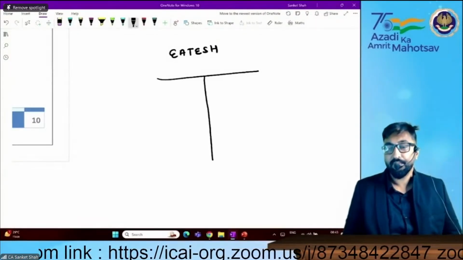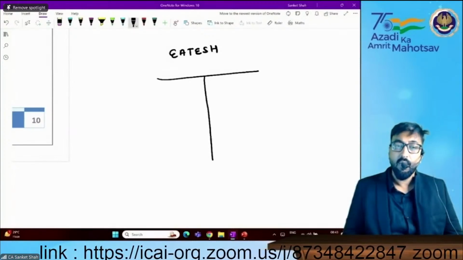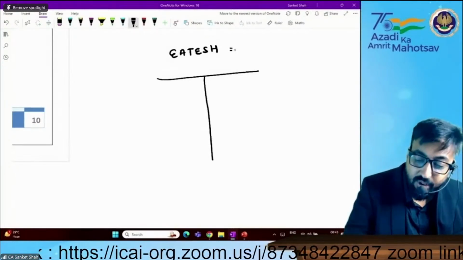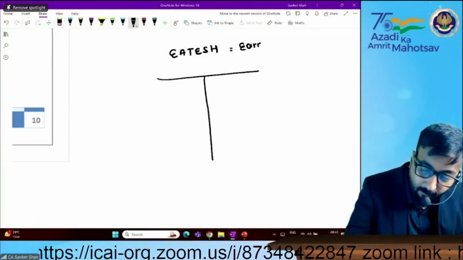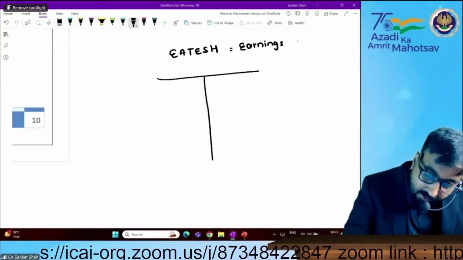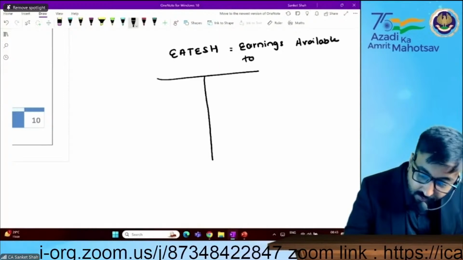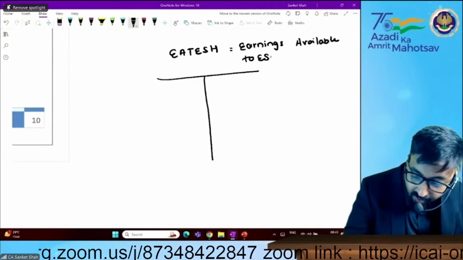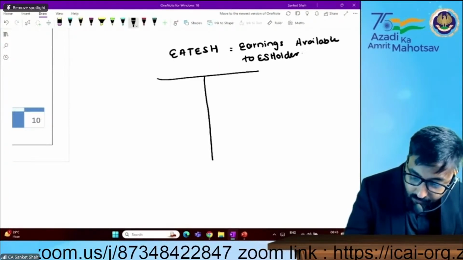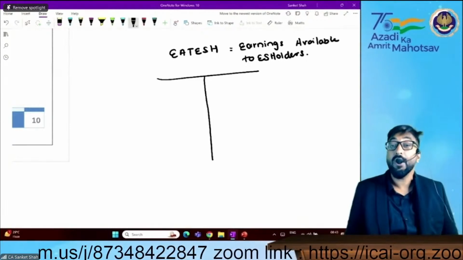Now, see, earnings available to equity shareholders. What is the full form? Earnings to equity shareholders, you can write this in rough pages.